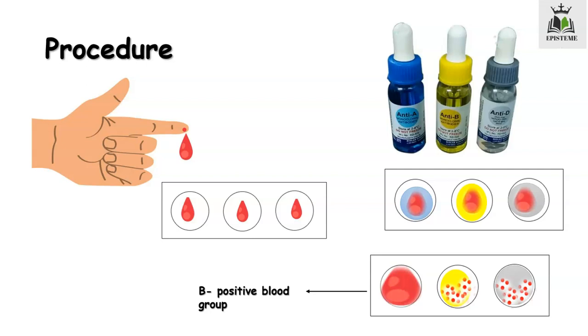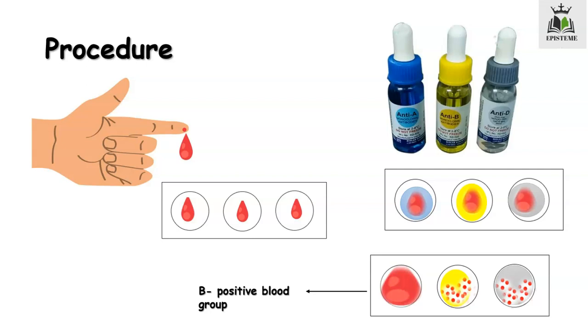When we talk about antiserum A, this reagent has antibody for antigen A, and this person's blood is B positive. That means they have RBCs that represent the antigen B on their surface.